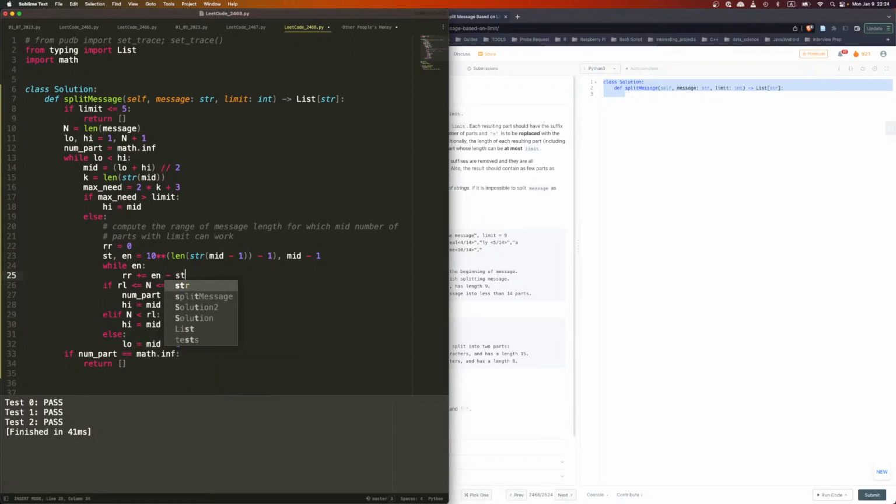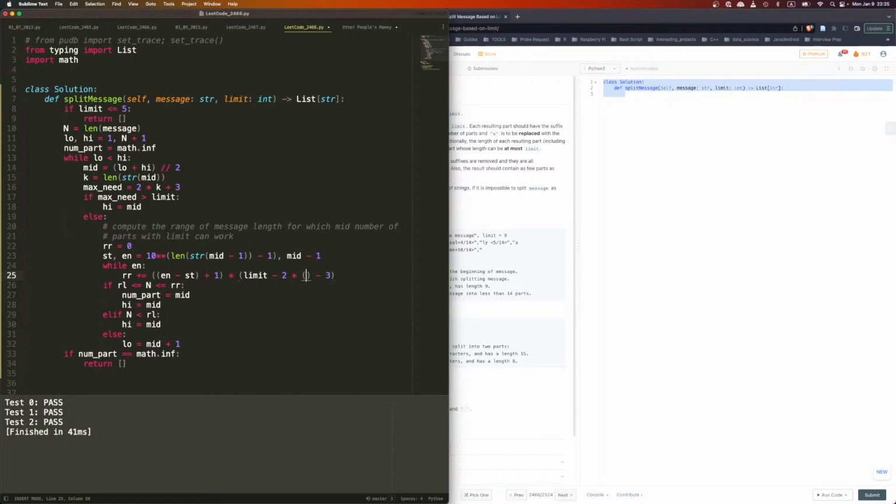So end minus start, plus 1, that's the total number, and for each of them, times what each part can contain: limit minus 2 times something, minus 3, right?